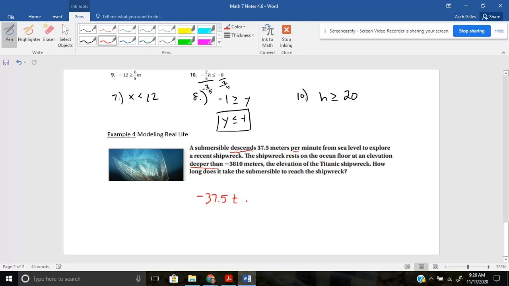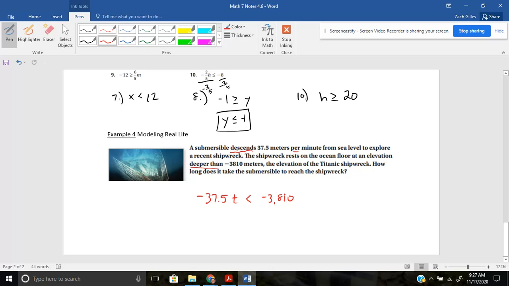So I'm going to call that t. So 37.5 meters per minute, which I don't know, so I'm going to multiply these two. That needs to be less than, because it's deeper than, -3,810 meters.